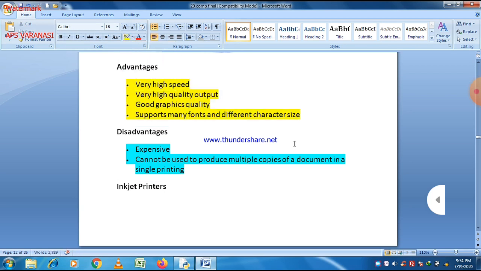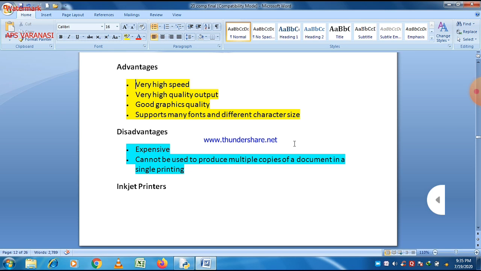Very high speed, very high quality output, good graphics quality, and it supports many fonts and different character sizes. And the disadvantages are that it is very expensive and it cannot be used to produce multiple copies of a document in a single printing.